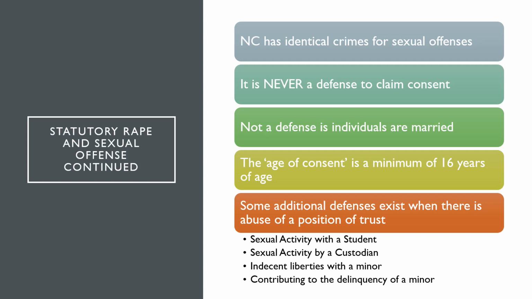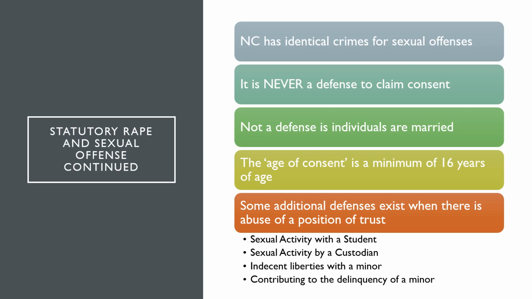Now, there is also statutory sexual offense, statutory rape issues, although we don't tend to use the term statutory there. We have other terms we use. There's also a number of terms where there's a relationship. So sexual activity with a student.